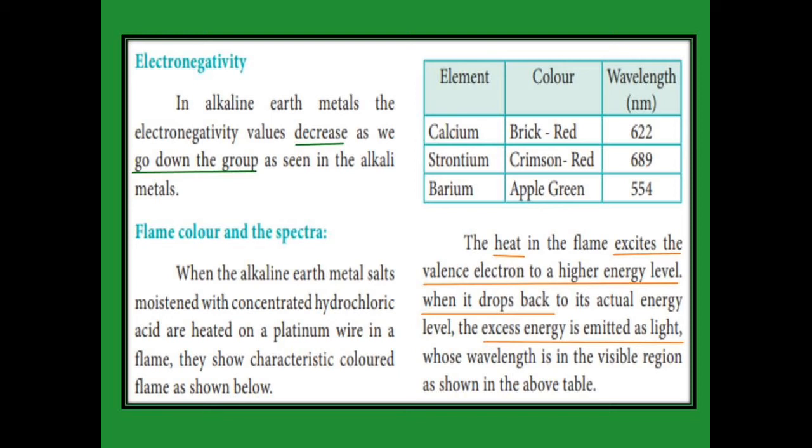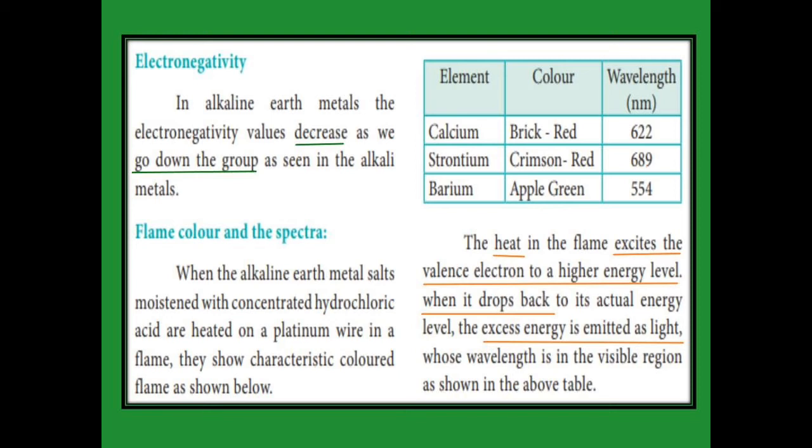Electronegativity. The electronegativity of alkaline earth metals decreases as you go down the group. Then flame color. We already learnt flame color in alkali metals, and the same reason applies here. When alkaline earth metals are heated with concentrated hydrochloric acid in a flame, they show colors.